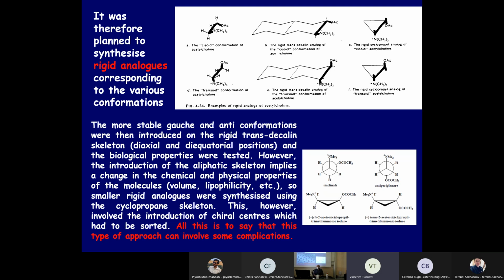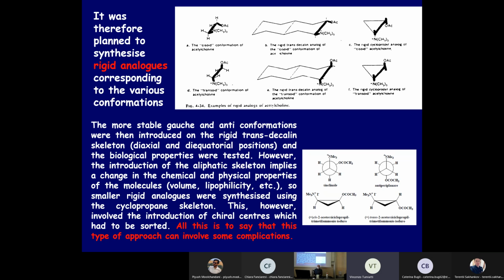This means that when acetylcholine tries to interact with the receptor, perhaps this part of the molecule can block the interaction, can be an obstacle to the interaction, can change the chemical physical properties, the solubility, and so on.